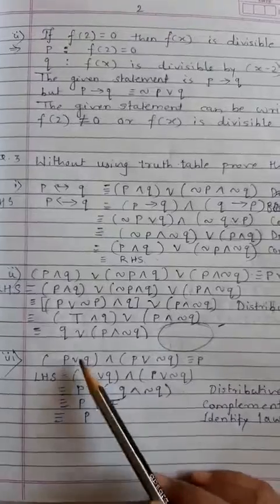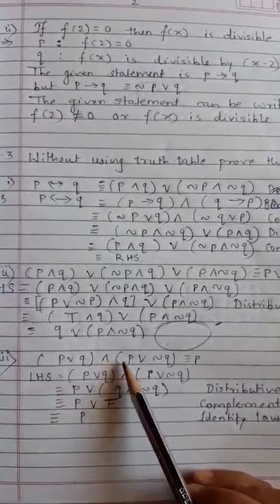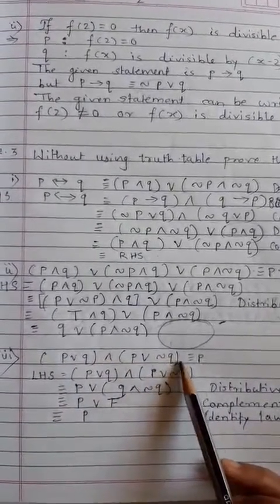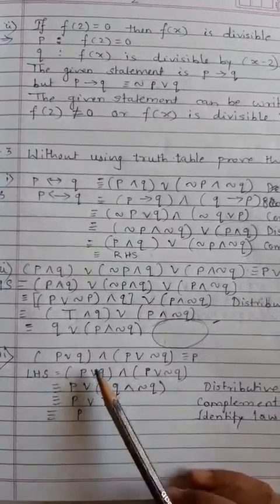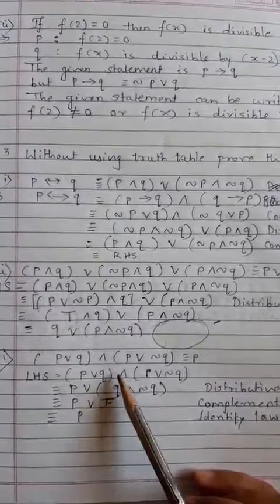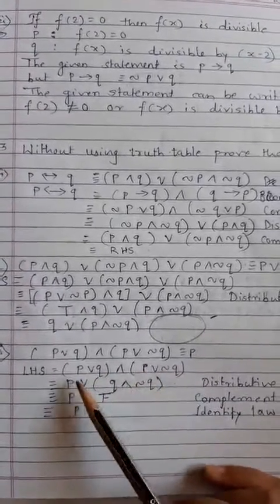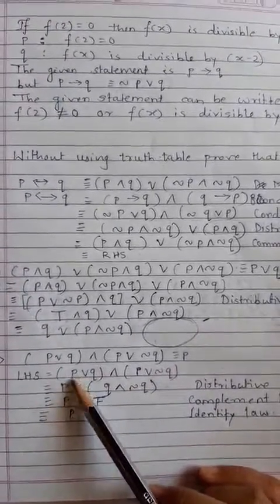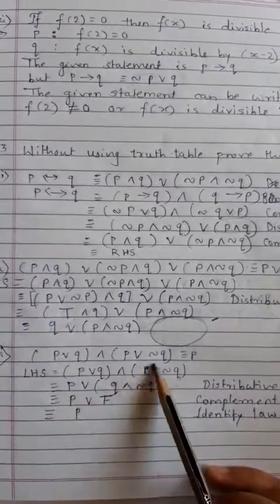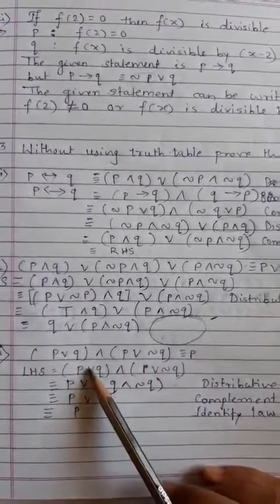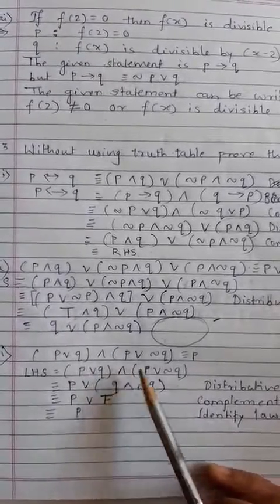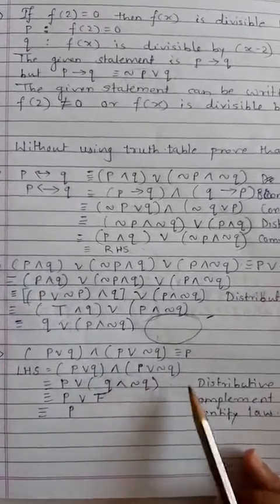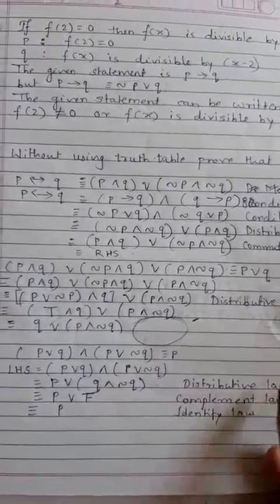Next, P or Q and P or negation Q is equivalent to P. So let us consider LHS, P or Q and P or negation Q. Let us take P as common. So P or Q and negation Q. Here we have used distributive law.